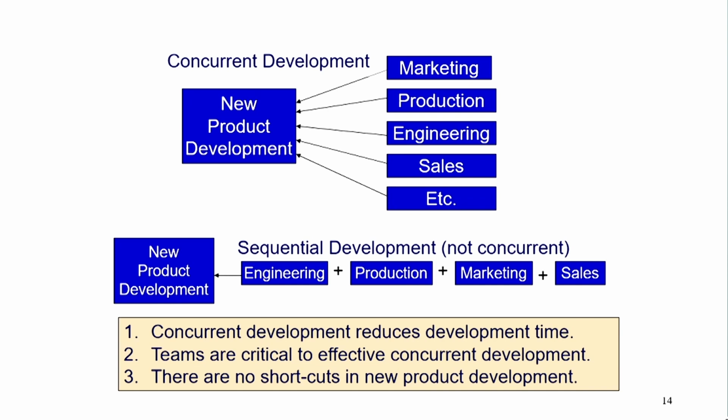In the same way, or sort of simultaneously with that, our focus is on continuously involving the marketing department, production department, the maintenance people, the engineering people, the sales people, the service people, all in the product development process.